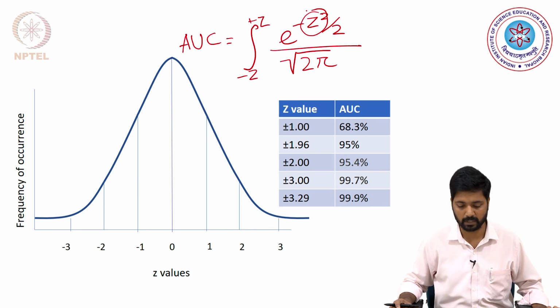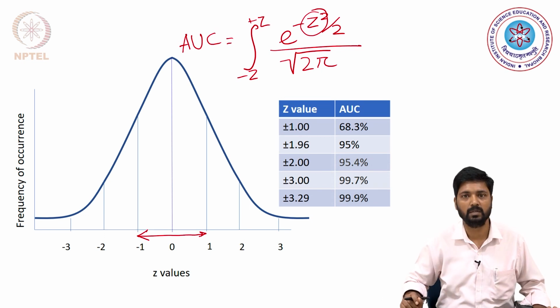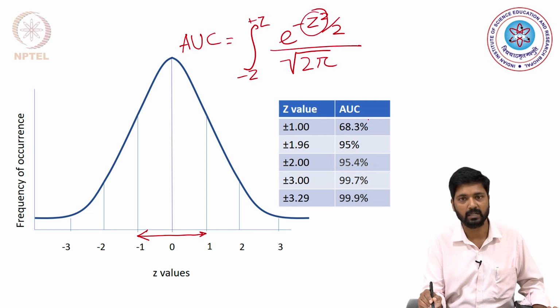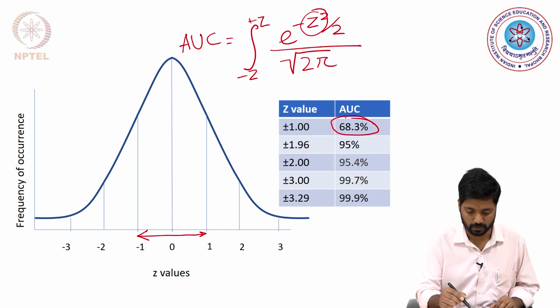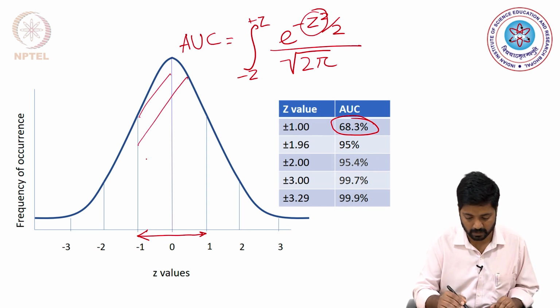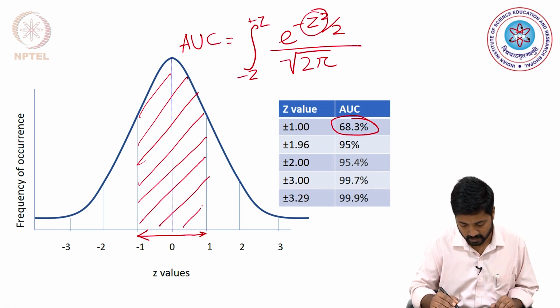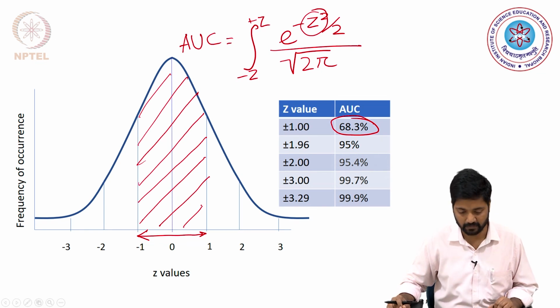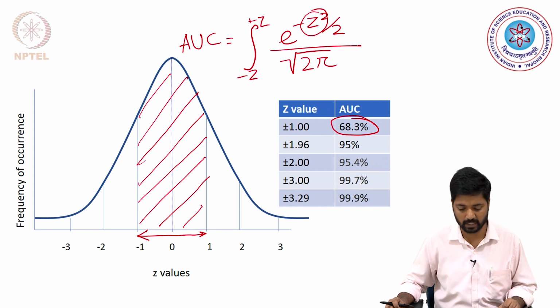So, for example, if I take the z value from minus 1 to plus 1, then we get the area under the curve being 68.3%, which we can shade like this. So, this area which has been shaded is 68.3% of all the data points that we are dealing with.